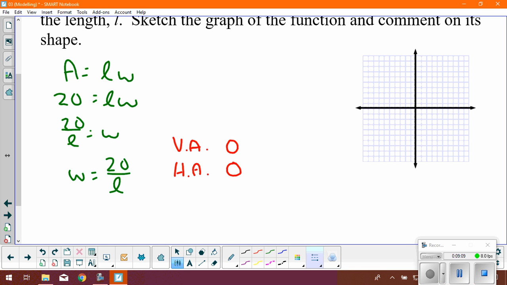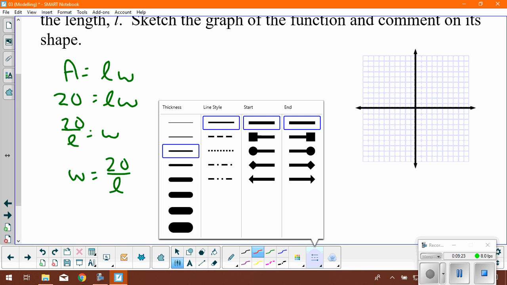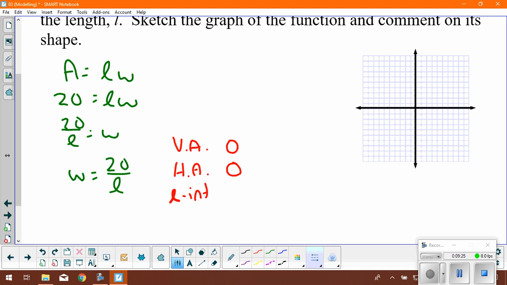Okay, x-intercepts. Well, actually, I should call it the L-intercept, I guess, because we're using L and W here. Well, there are no variables in the numerator, so I can't produce a 0.